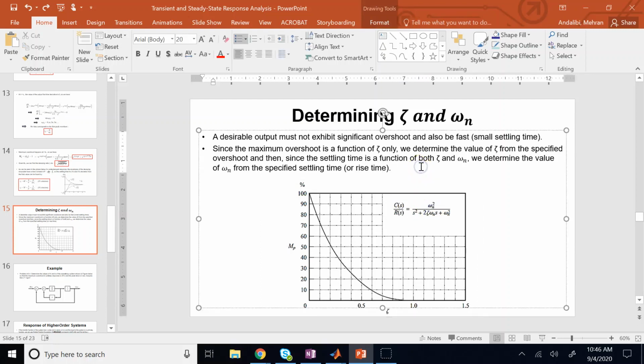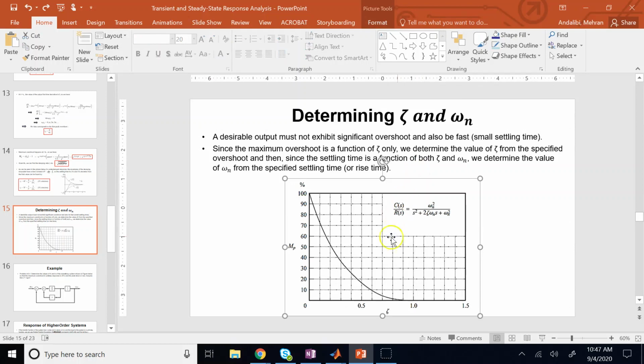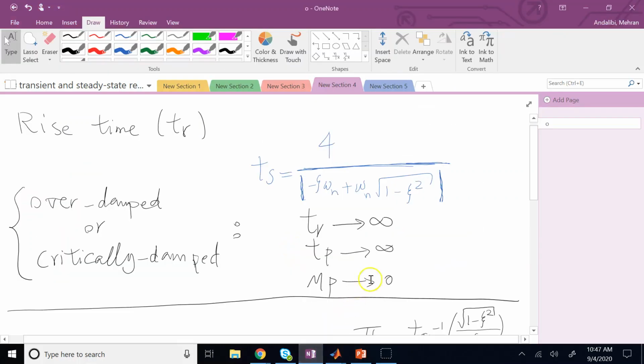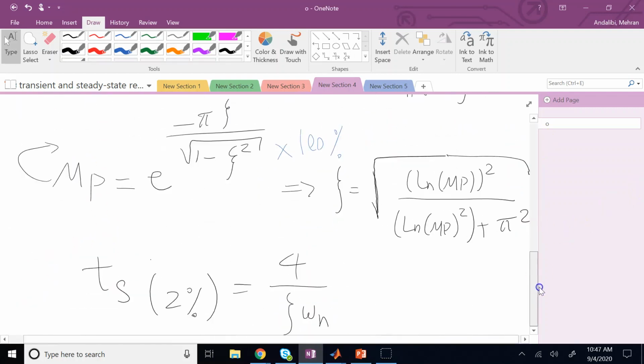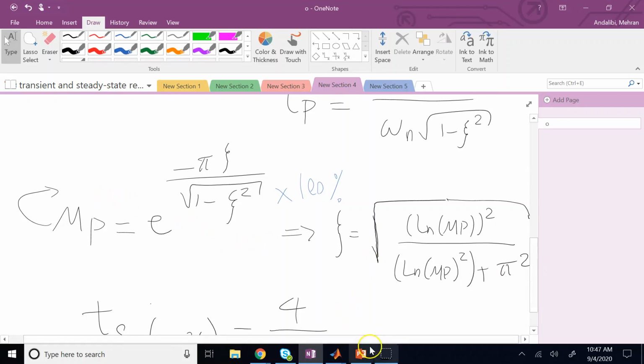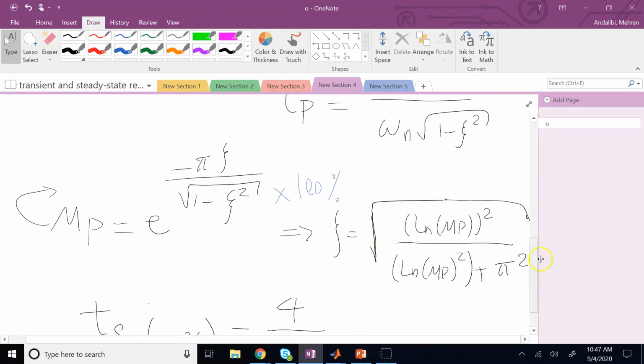How do you determine them? Well, zeta is easy. If they give you maximum overshoot, you can directly calculate zeta from the percent overshoot using this formula.